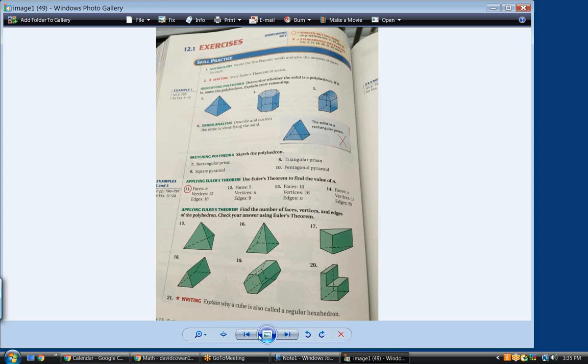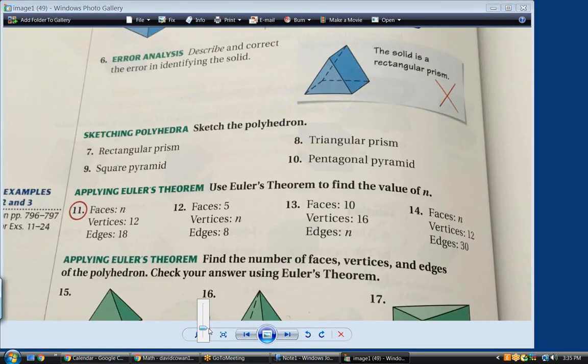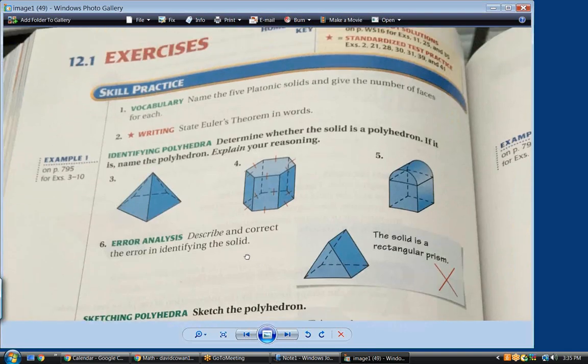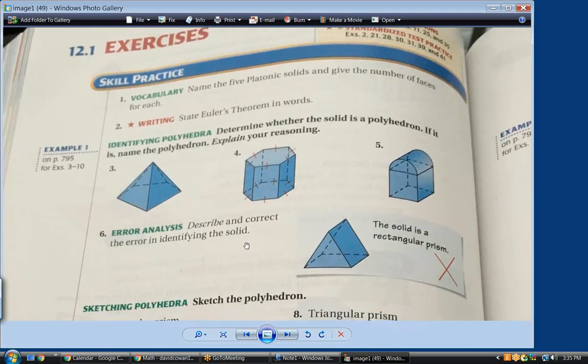All right, let's blow this up a little bit and see what we got on it. Where are you supposed to start on this? Number three.